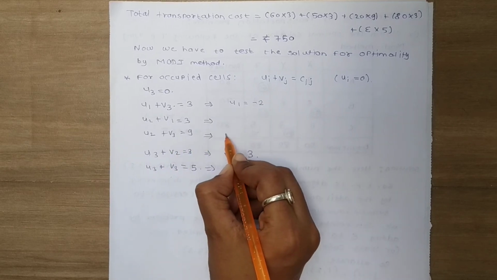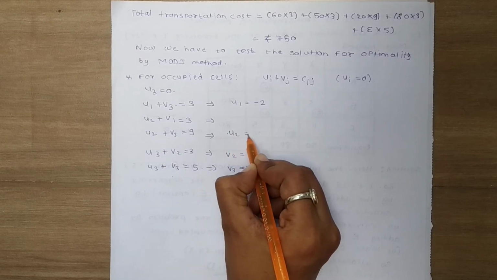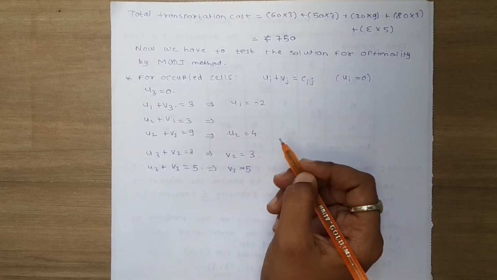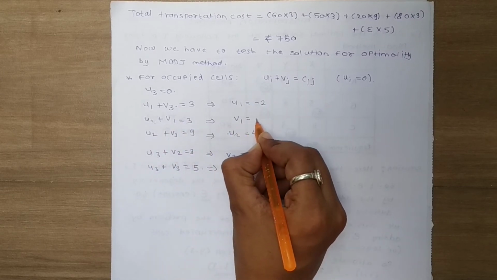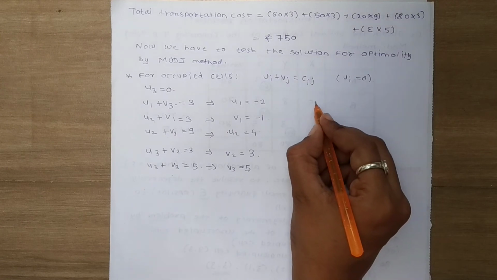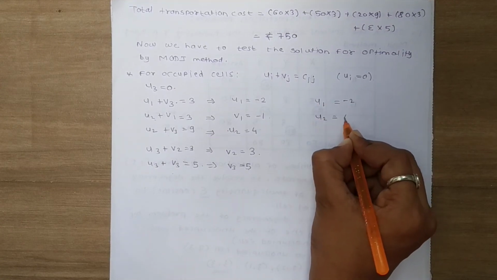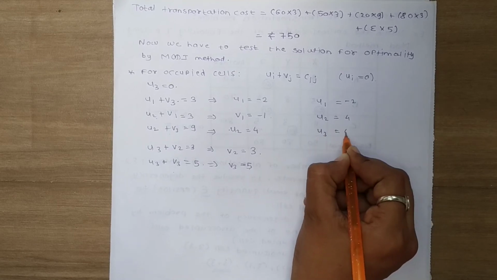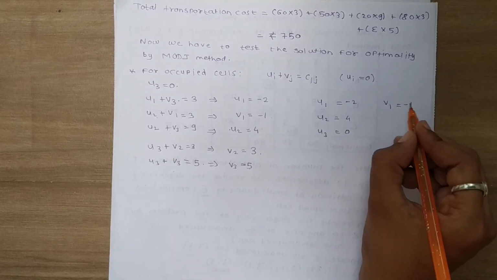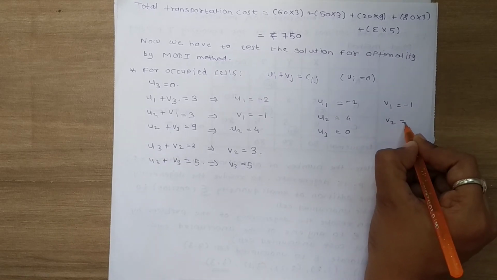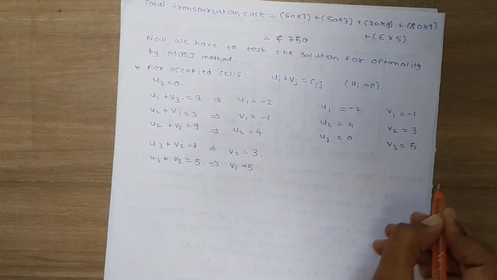Here V3 equals 5. So we get U2 equals 4. And here V1 equals minus 1. That is U1 minus 2, U2 4, U3 0. And V1 equals minus 1, V2 equals 3, and V3 equals 5.